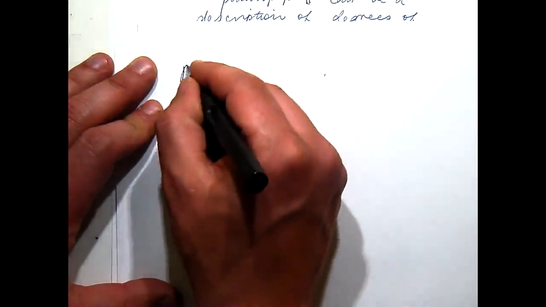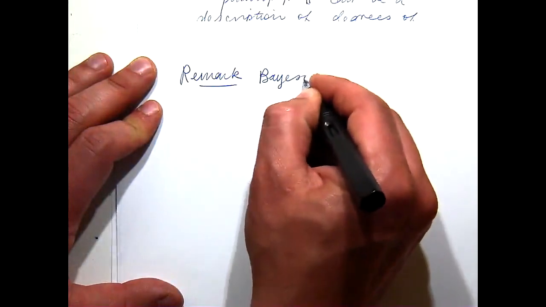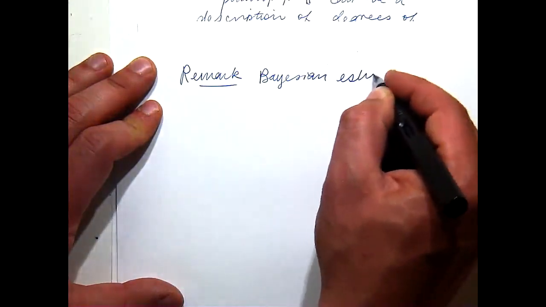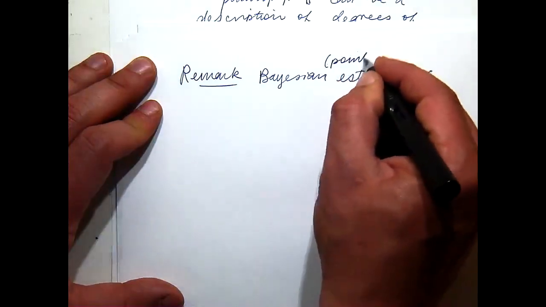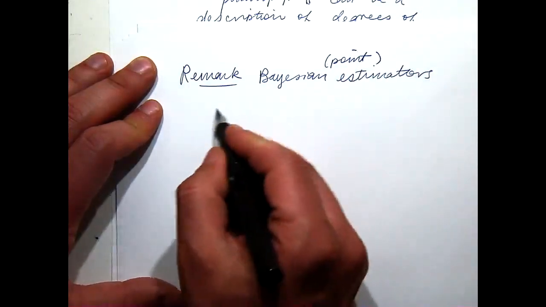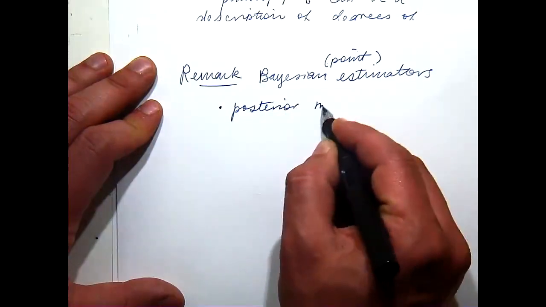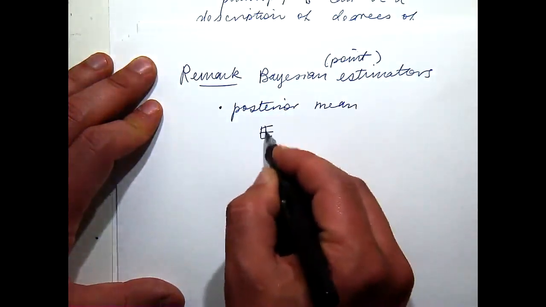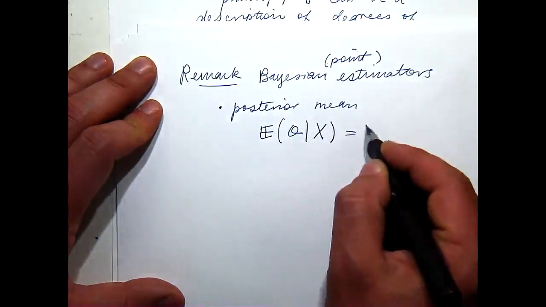Oh, before I want to do that, remark, the Bayesian estimators, if I just want point estimators, there are two ones you might often do, which are the posterior mean, which is expected value of theta given the observation, which, you know, how do you do that?